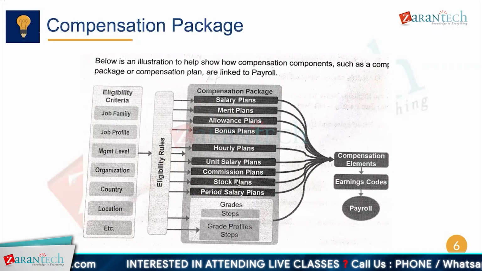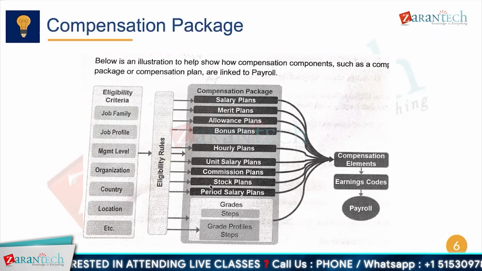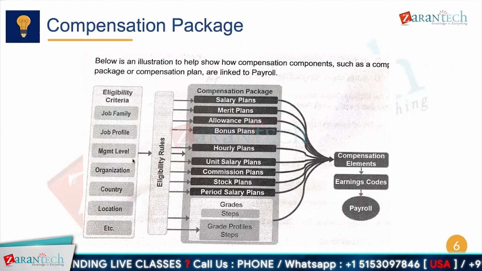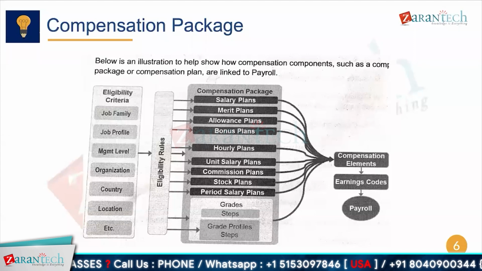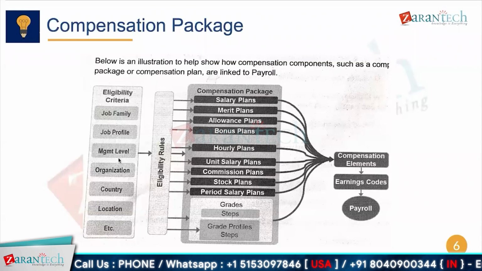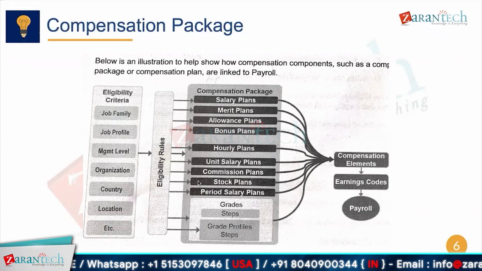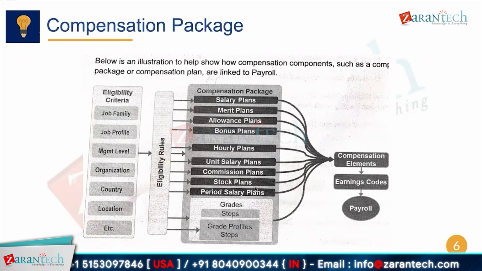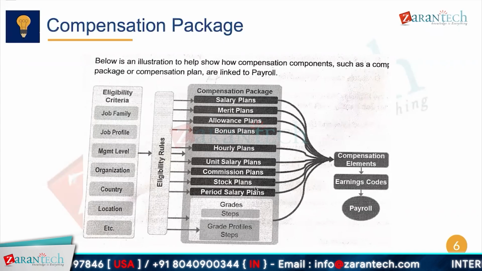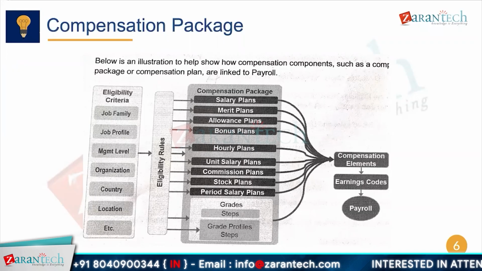It can be similar with stock plans. An organization might be giving stock plans to different people, but for middle management there is a different percentage of stock plans, and for senior management there is a different percentage. Again, we can define it in the compensation package and link it to that particular level.